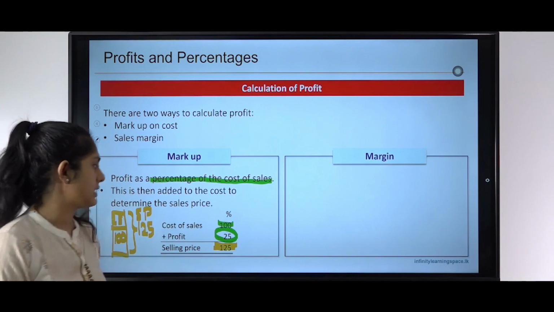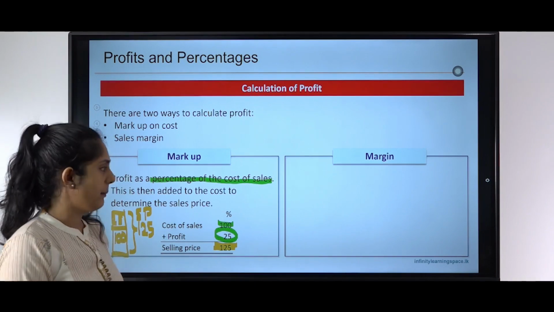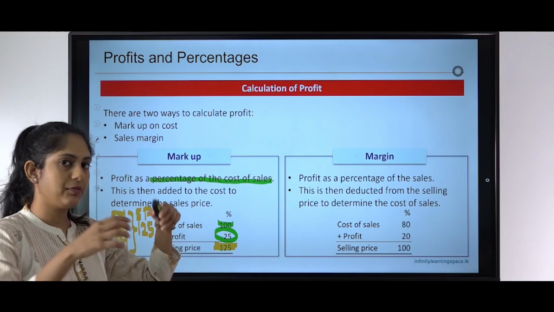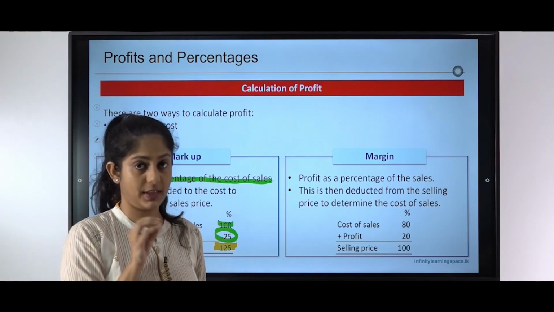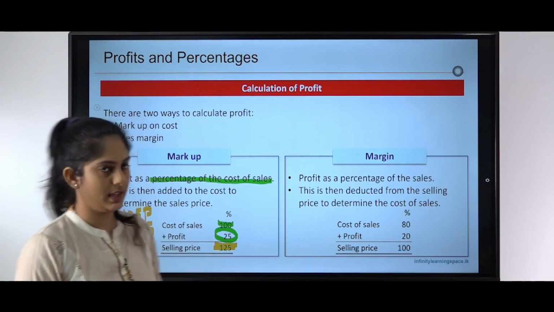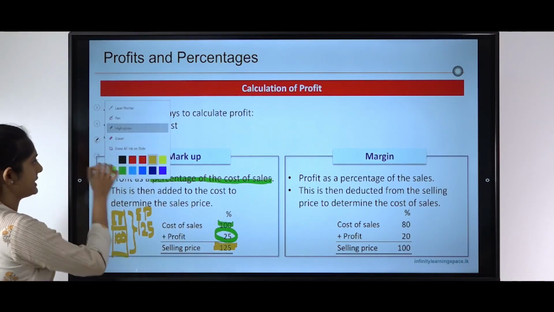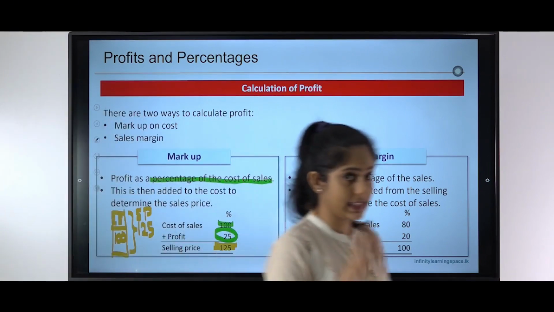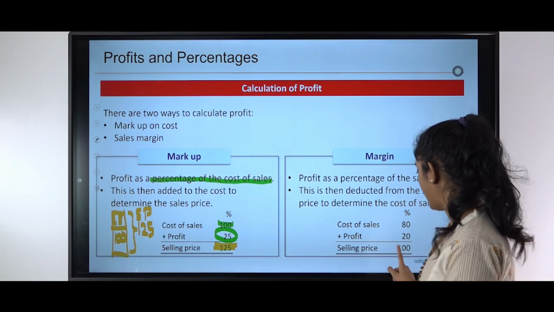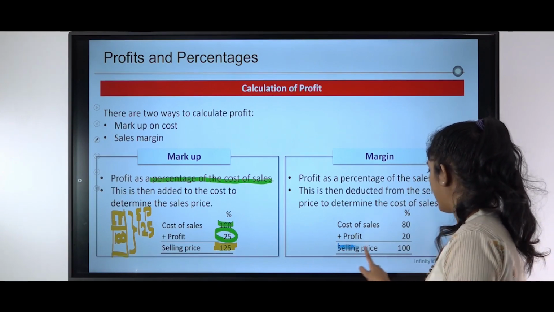The second is called a margin. A margin is where, out of your total sales value, you say my profit margin is 20%. If you take the selling price, first look at the selling price. The selling price is 100.